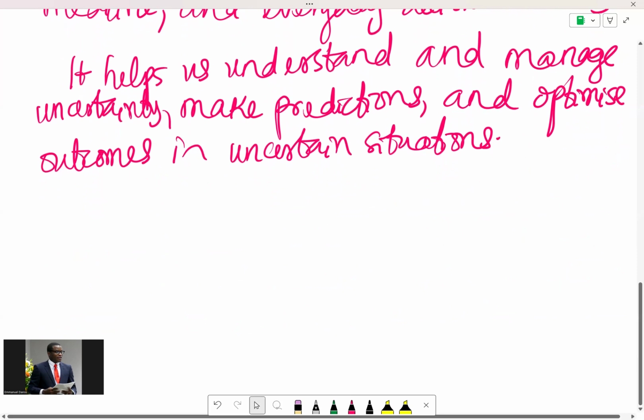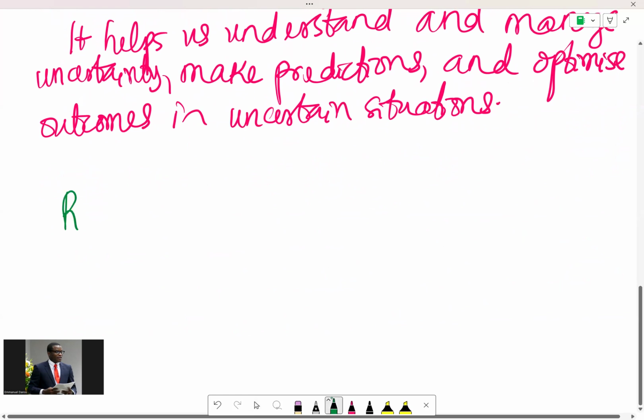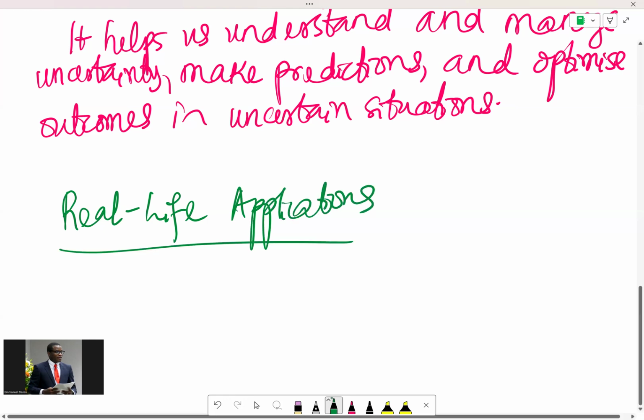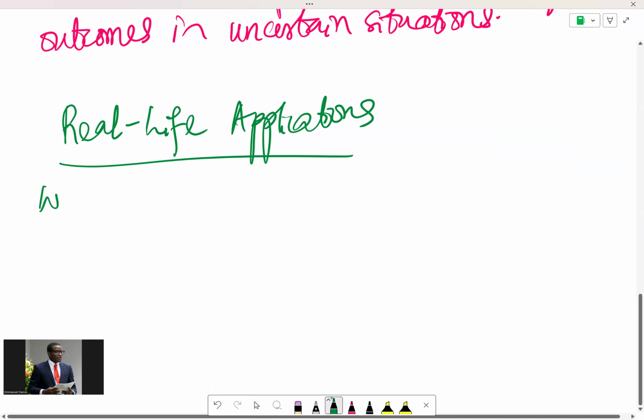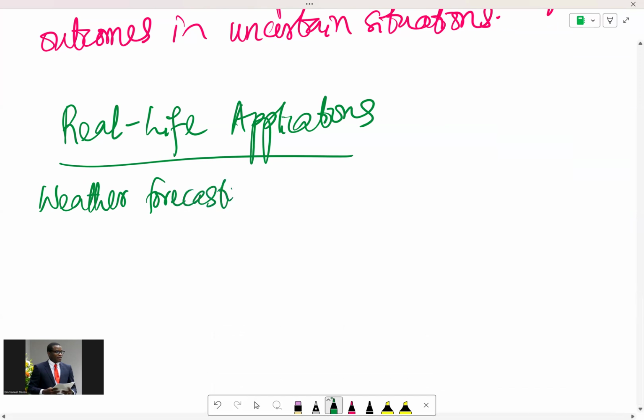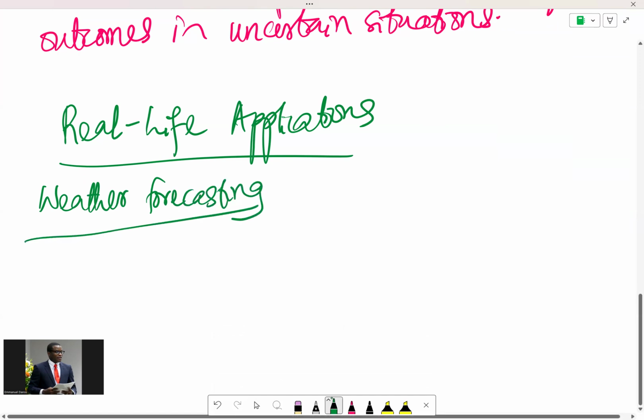So let's talk about some real life applications of probability. First, we can see it applied in weather forecasting.